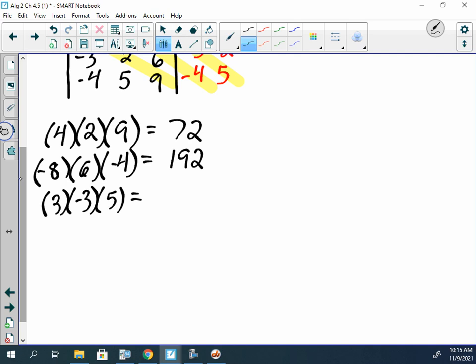And the last one, 3 times -3 times 5, well, that's going to be negative. We would add all these up, because this would be the value of the diagonals going from the left to the right.